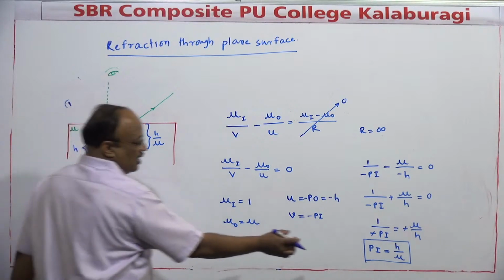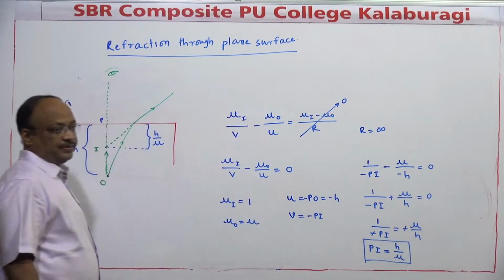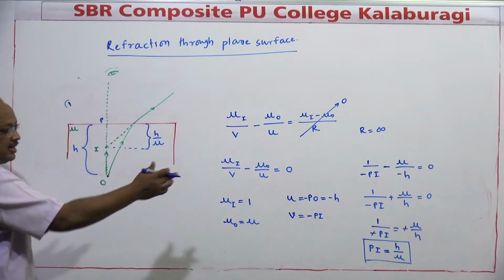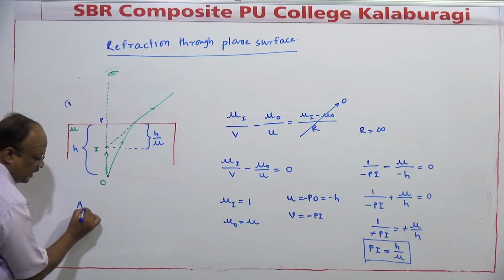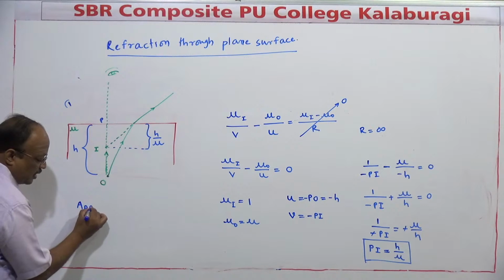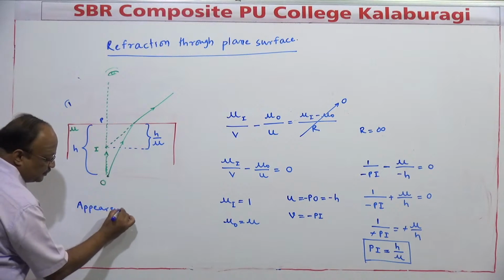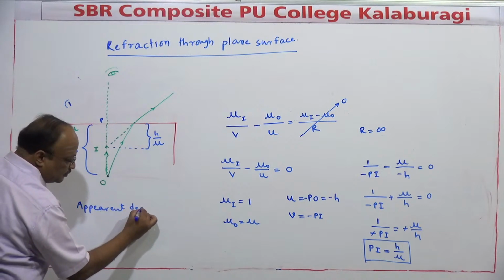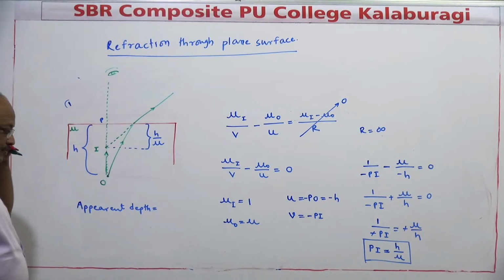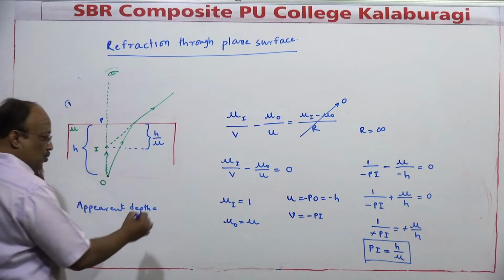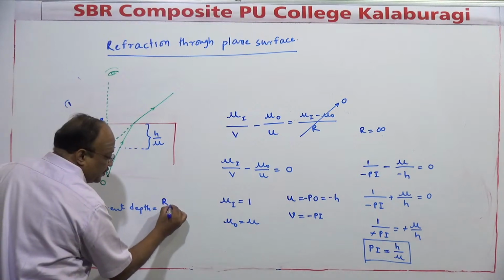So this is our apparent depth, and that is the real depth. Apparent depth is equal to real depth divided by mu.